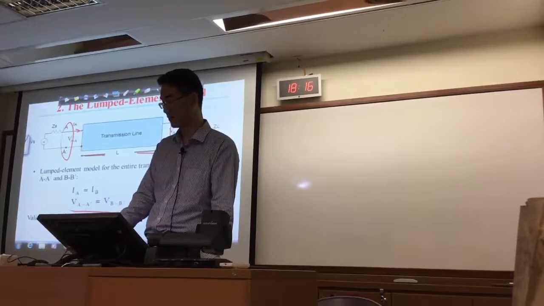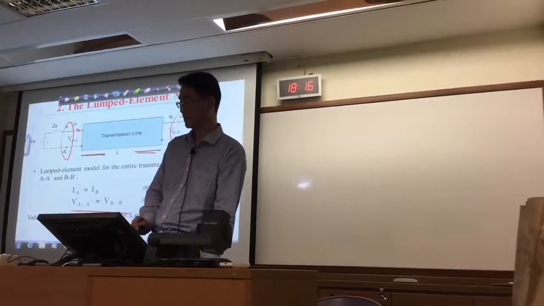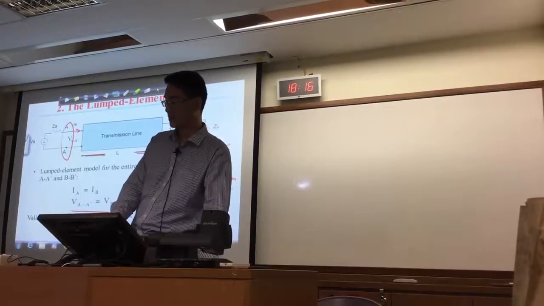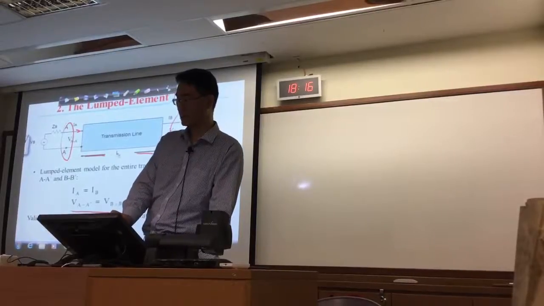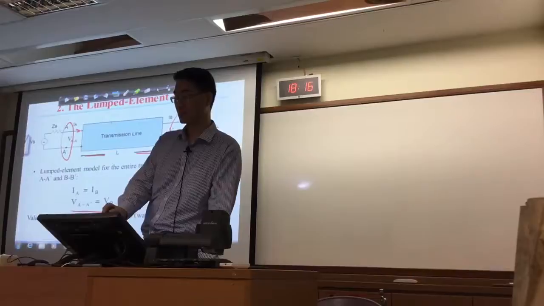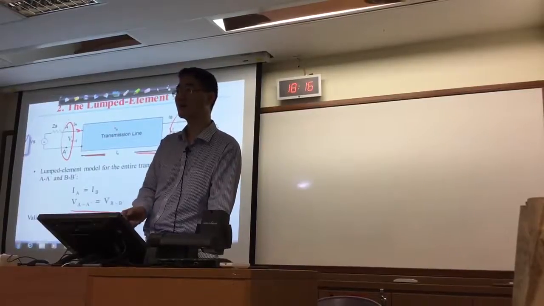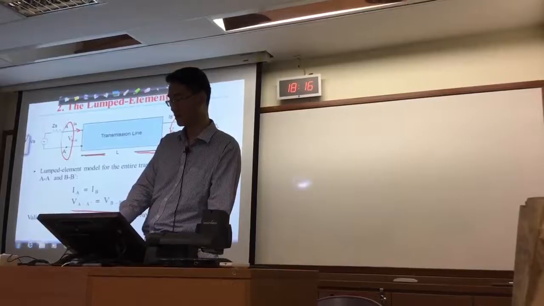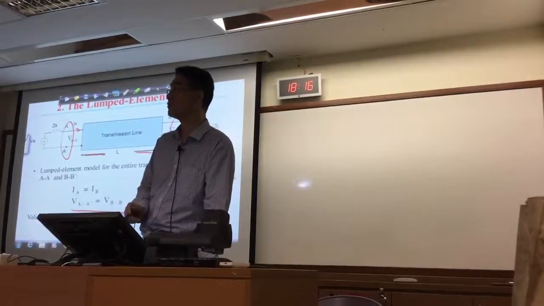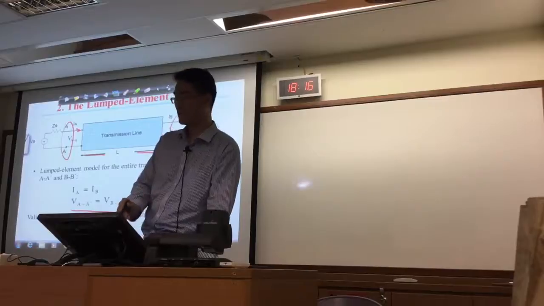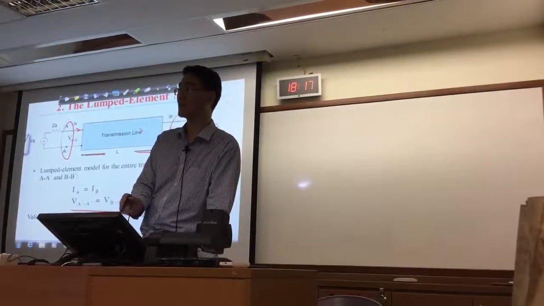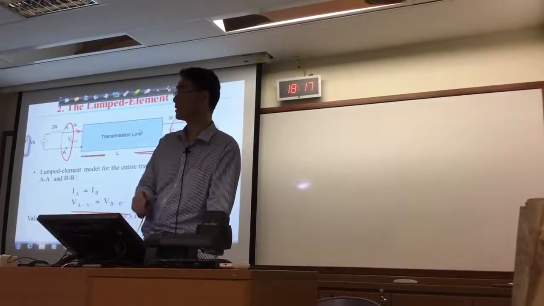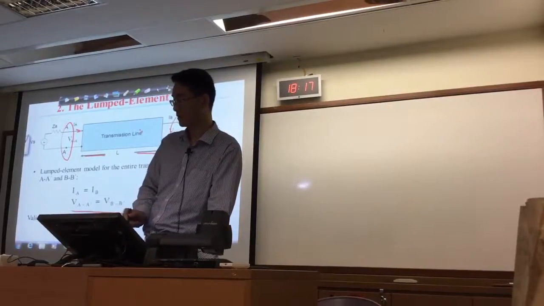So it turns out lambda is 6 times 10 to the 6 meter. The physical length, for instance 1 meter, 10 meters, or 100 meters, compared with this wavelength is very, very small, right? So the phase delay can be neglected.